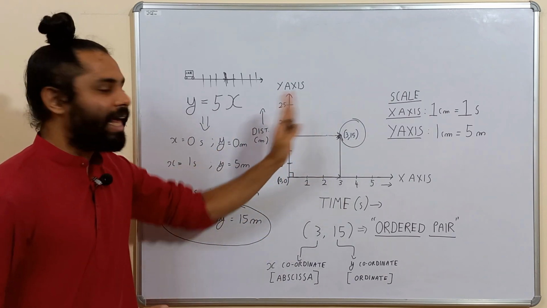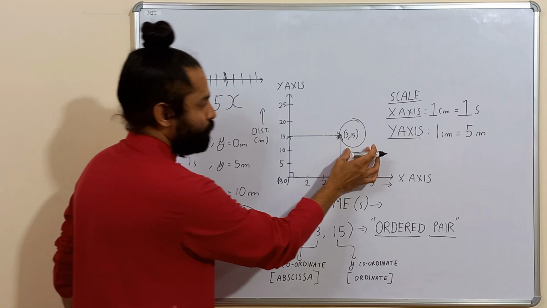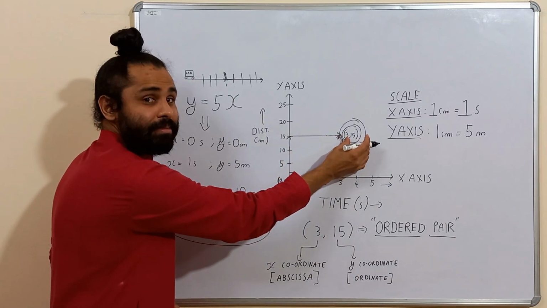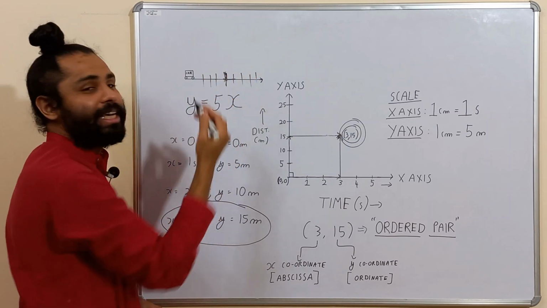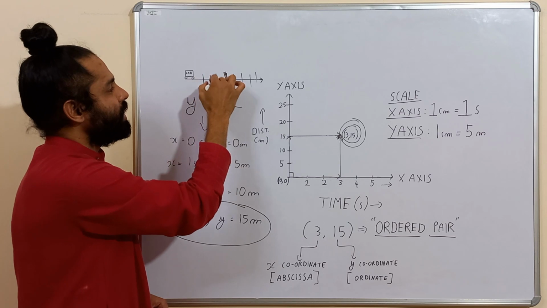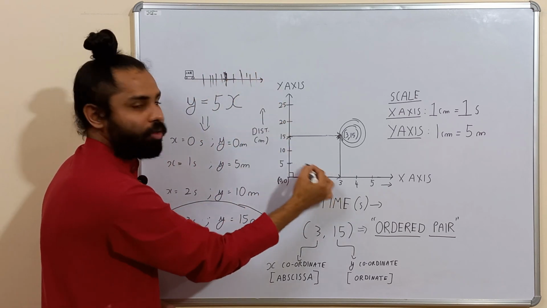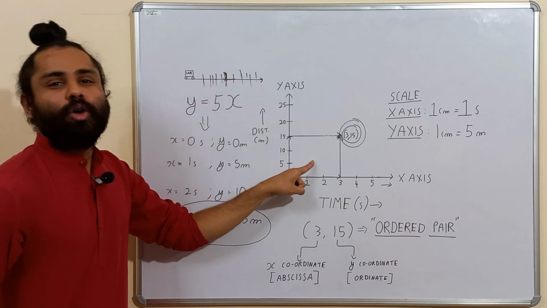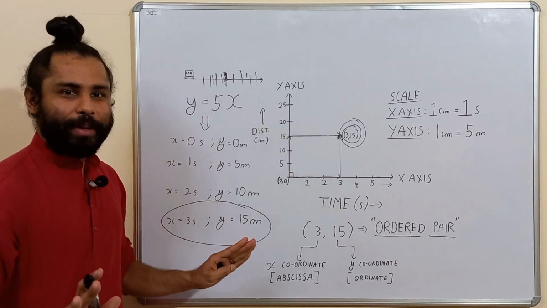Perpendicular movements, grid-like movements, locating each point. Now this 3, 15 is like the address of this particular stage in this experiment in our picture. So just like that, for every other stage in the experiment, if I follow the same procedure, I'll get an address for each of those stages on my picture in the same way.